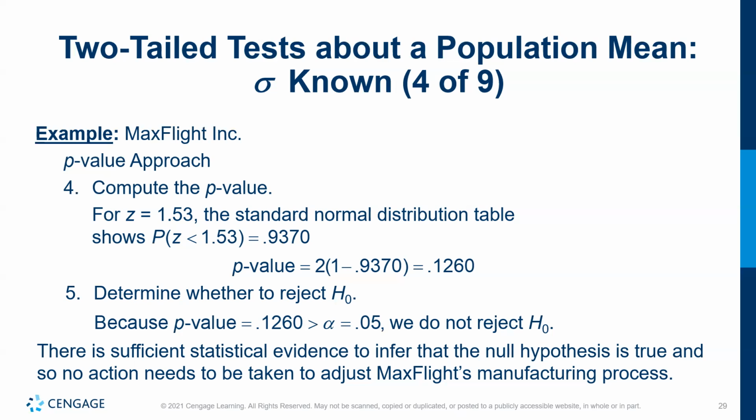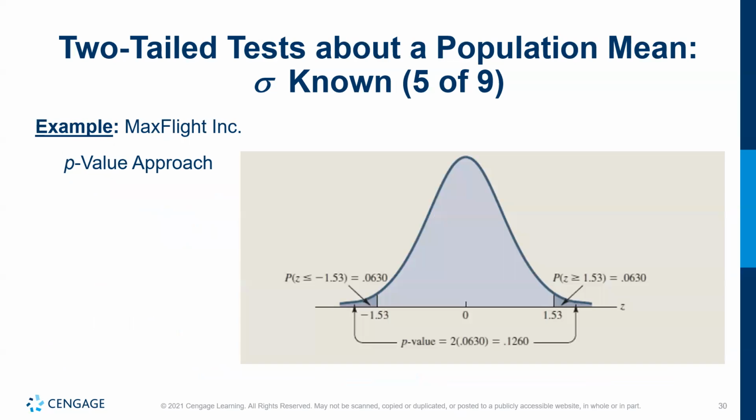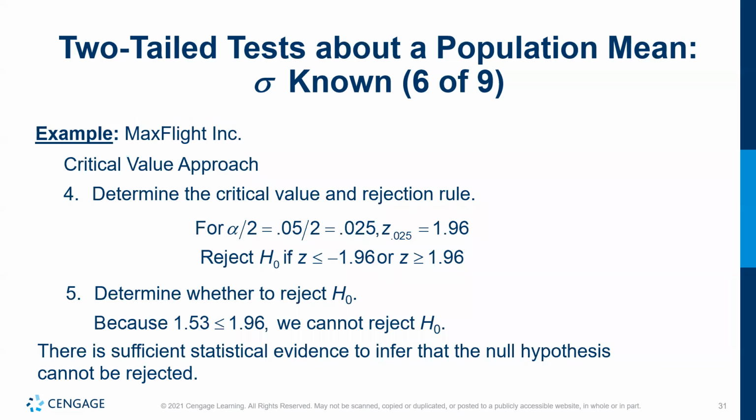Sorry, guys. Here's my probability, 0.630 for 1.53, and our p-value is 0.126. That's confusing to me. I'm going to move on to the Z one, and maybe I'll be able to explain it better from there and then come back to it, because I've never used p-values because I feel like they're confusing, whereas the Z makes more sense to my brain.